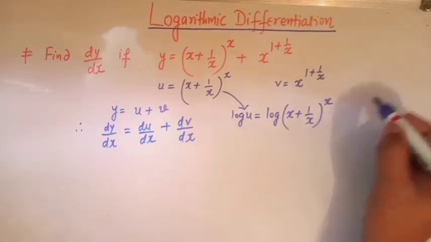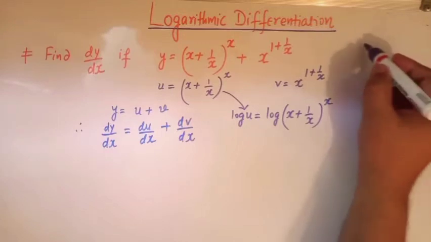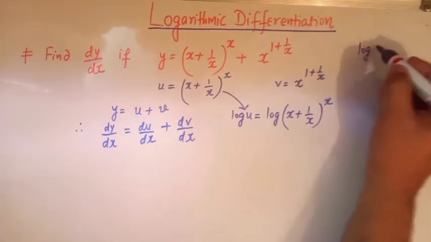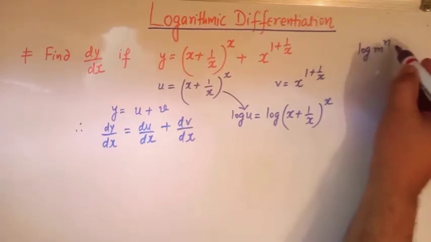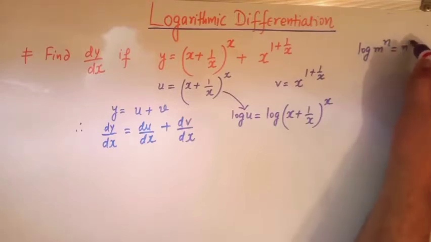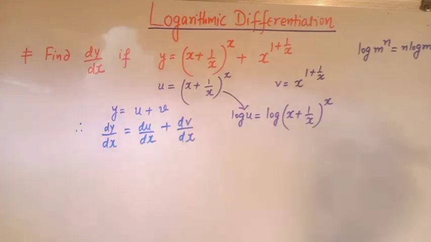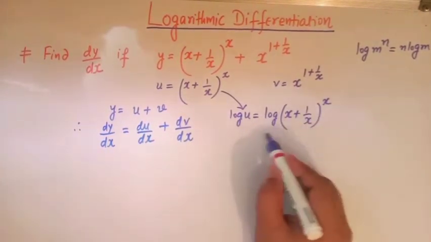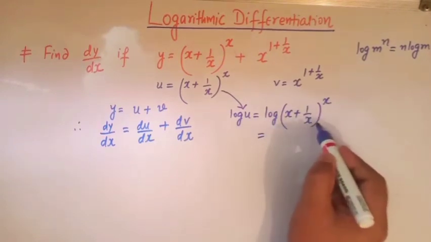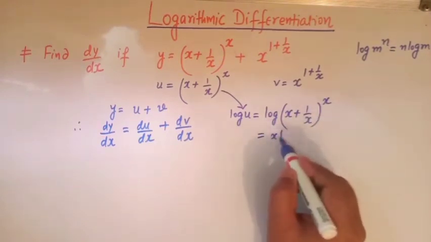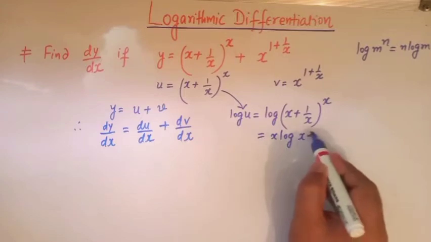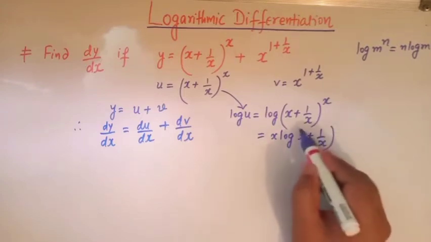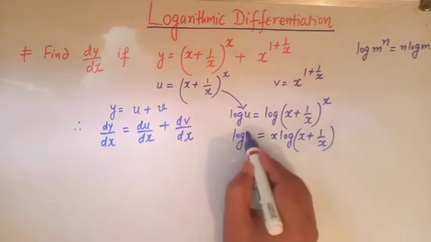Now here we'll make use of one property of log, that is, log of m^n is n log m, right? So here log of (x + 1/x)^x becomes x log(x + 1/x), right? So this is log u.